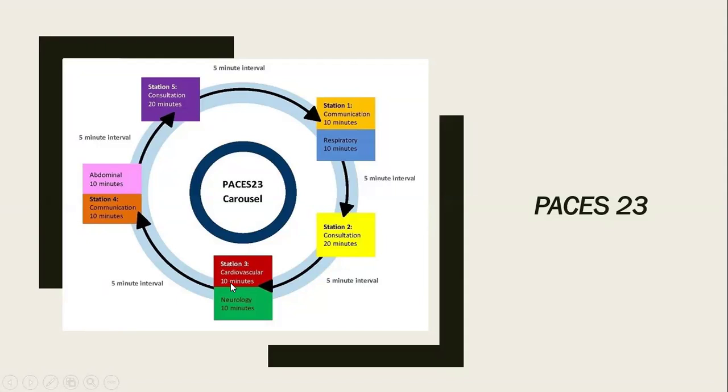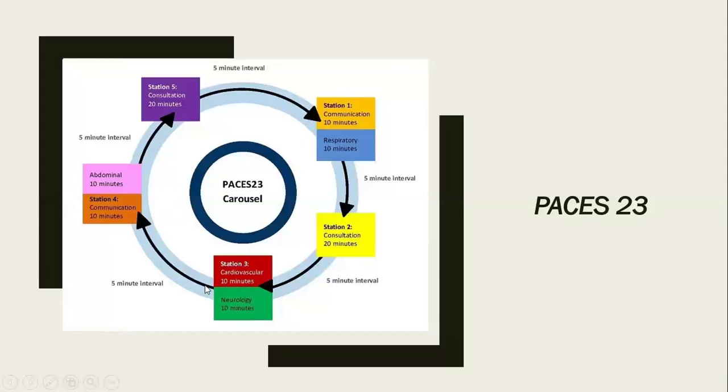First, a pair of examiners will ask you to examine the cardiovascular system of the patient for 5 or 6 minutes. And then for the next 4 to 5 minutes, they will ask you relevant questions in the form of viva. After that, they will ask you to move to the next patient, and the same pair of examiners will evaluate you for the neurology station in the same way.